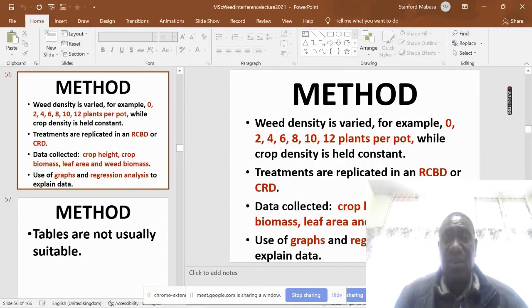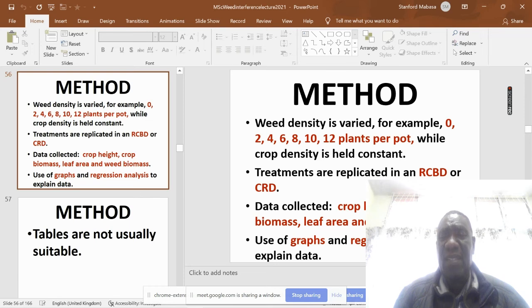So on the methods, we can vary weed density. For example, we can have 0, 2, 4, 6, 8, 10, 12 plants per pot, while crop density is held constant. For example, in this case, we are having one plant per pot.